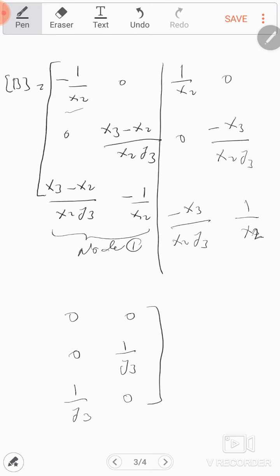After that, substitute the value of x2, that means x of node number 2, and here x for node number 3, y for node number 3, and x for node number 2. Just substitute your values here, and you will get the final B matrix.